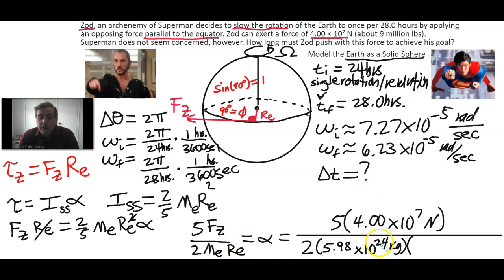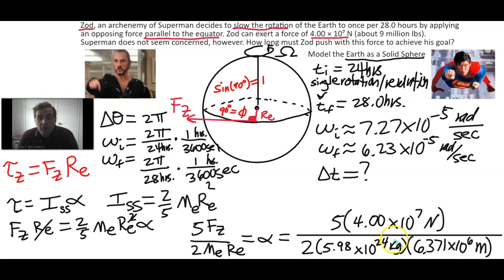And then the radius of the Earth. Now, by the way, I'm talking the average radius of the Earth. The equatorial radius is a little bit larger. But the average radius of the Earth is about 6.371 times 10 to the 6th meters. Okay? That's approximate. Most people know that as about 6,370 kilometers. So you can convert that to meters.